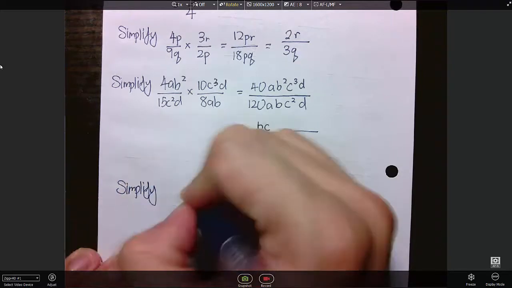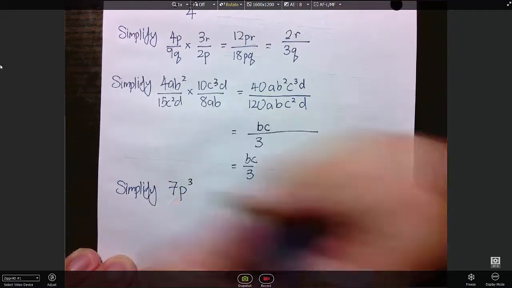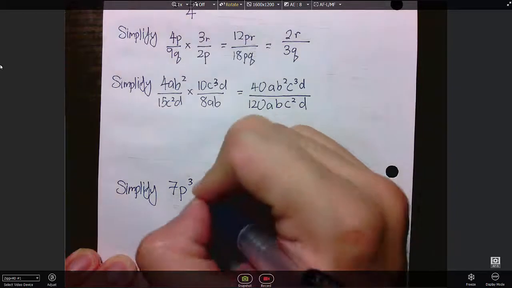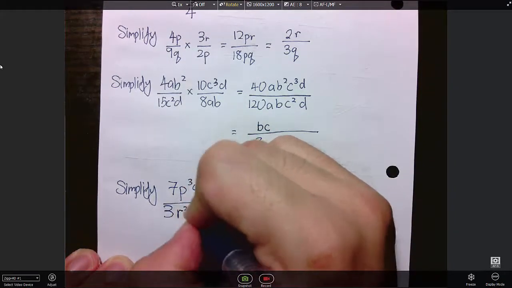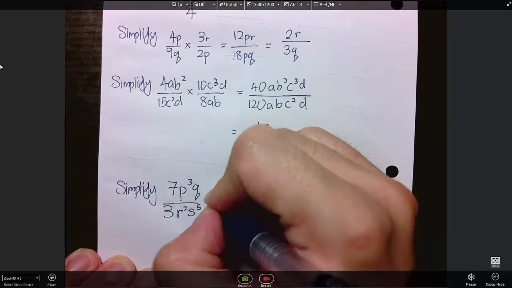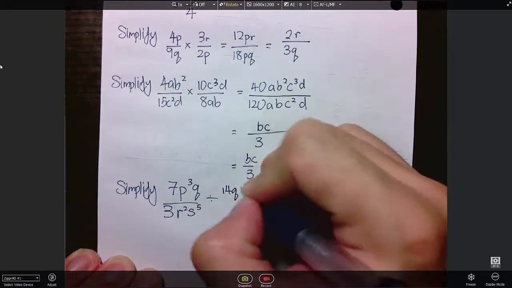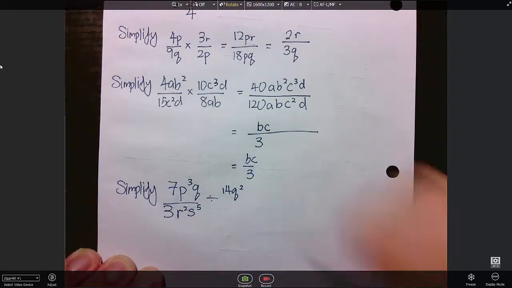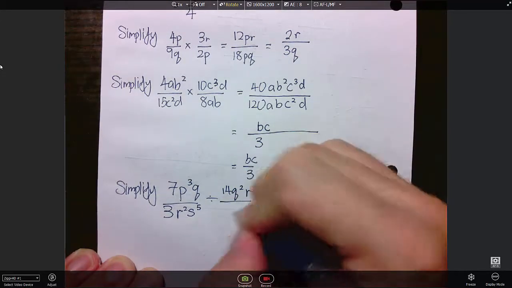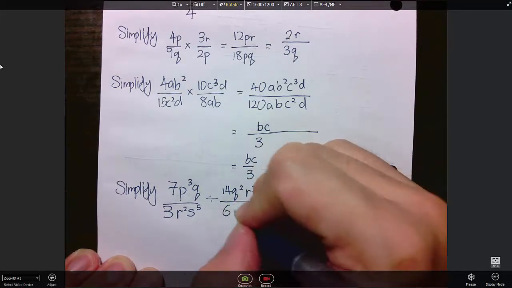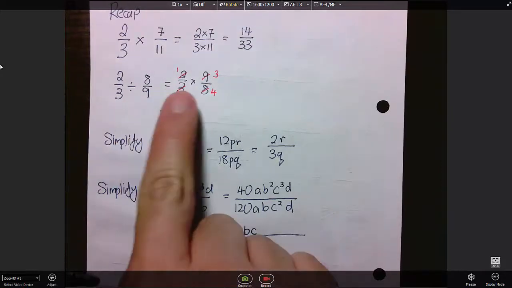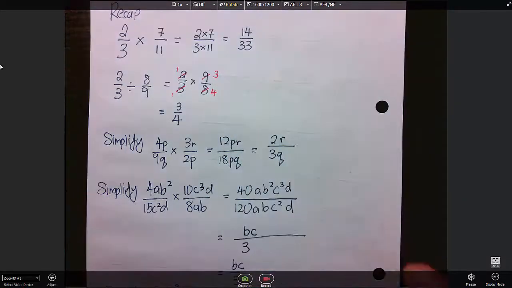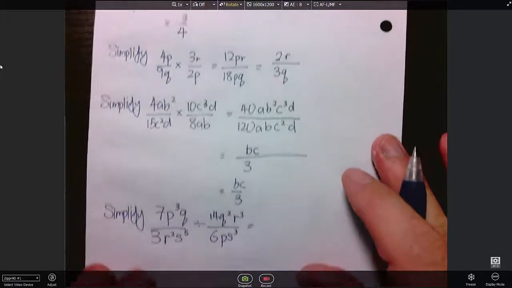Simplify 7p cube q over 3r square s to the power of 5, divided by 14q square r cube over 6ps cube. Just like above, what we do is change the divide to multiply, and then take the reciprocal of the second fraction.